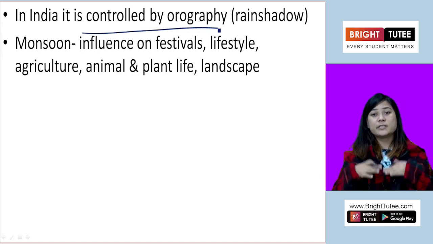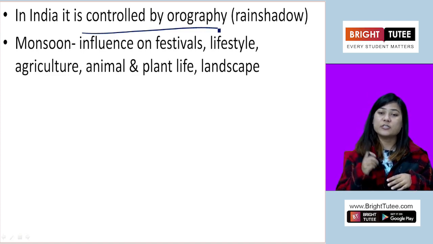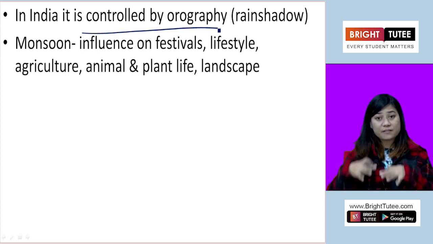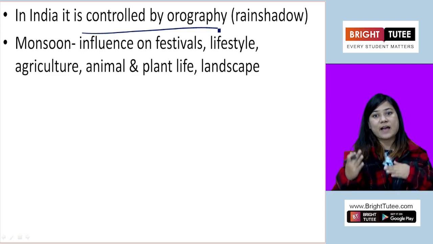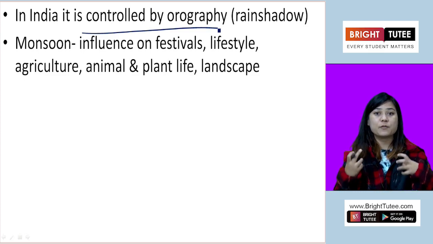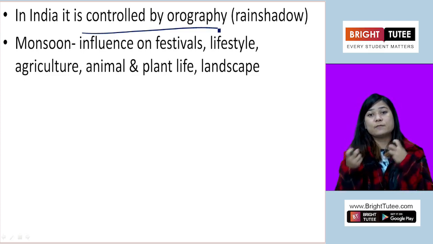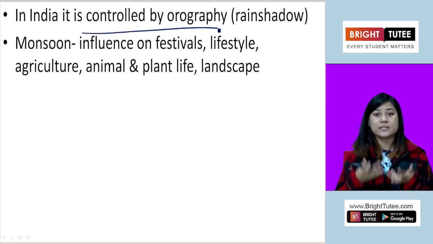Okay, if there is a plain area, it might not receive heavy rainfall, but if that area has hills and valleys, then these winds which are heavy with moisture come in contact with these hills, which forces the winds to shed their moisture, causing heavy rainfall.